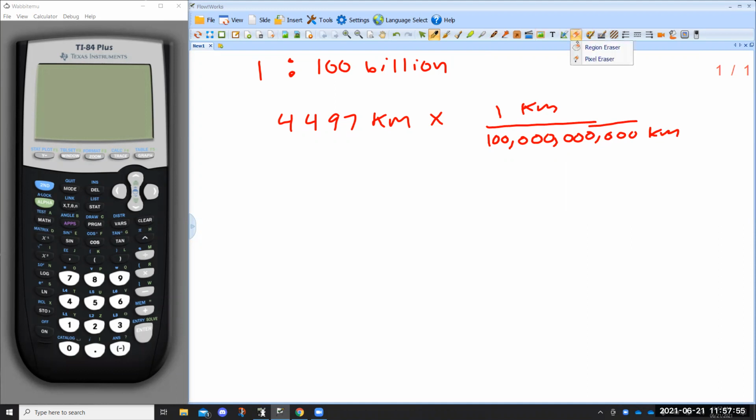Ha, that's what's wrong. That's a big difference. I was like, that's not enough kilometers to go all the way to Neptune. Million kilometers.